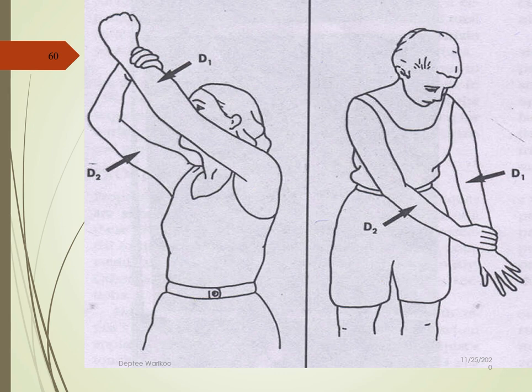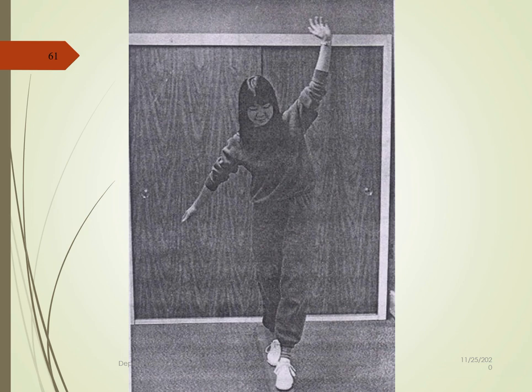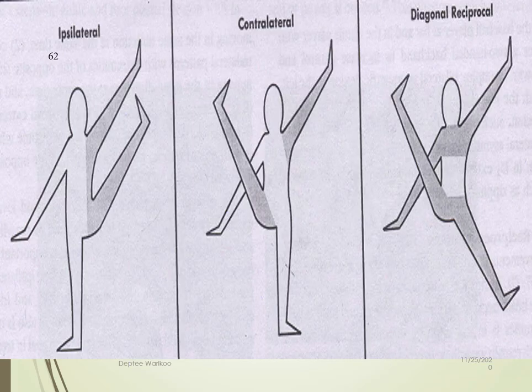Now here you see one is performing D1, another is performing D2. This dancing pattern, you can see this girl, she's performing all different patterns from all the four limbs. Now, first diagram you see, it is the ipsilateral. Ipsilateral means one side of the body is performing flexion, abduction on the upper extremity also and lower extremity also.